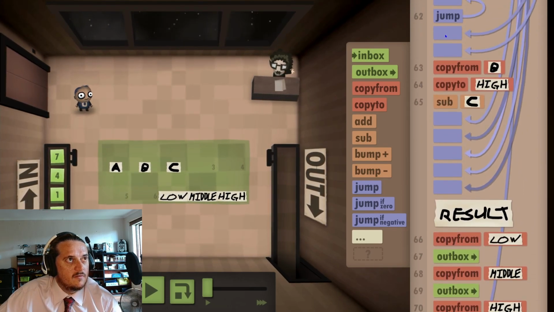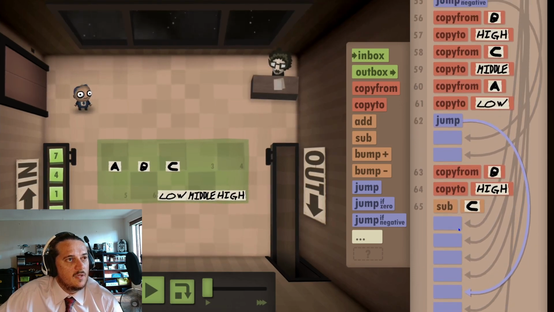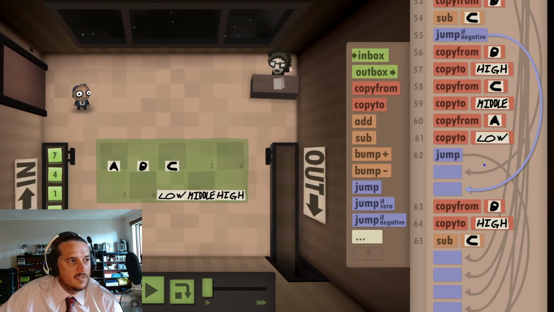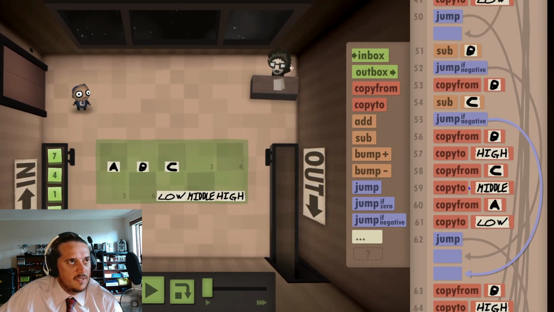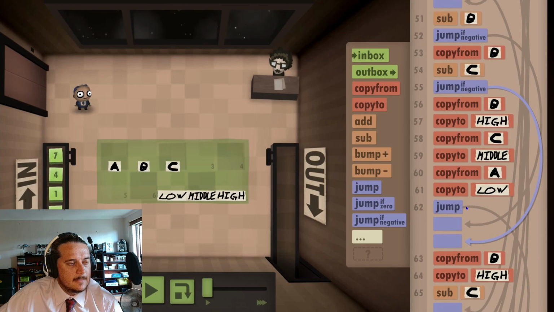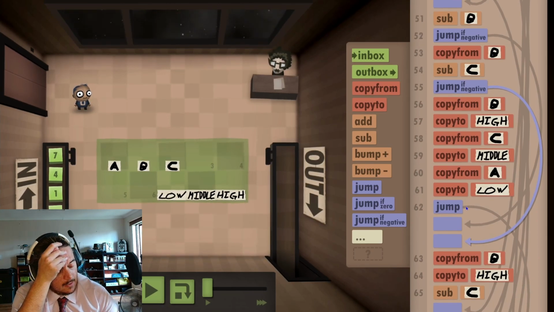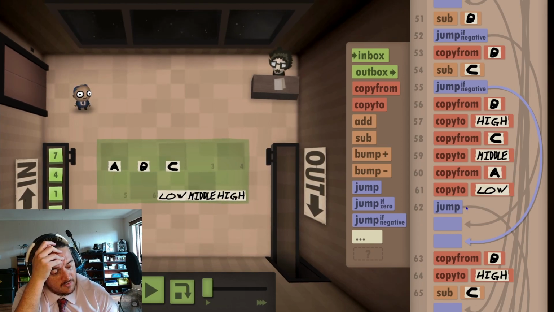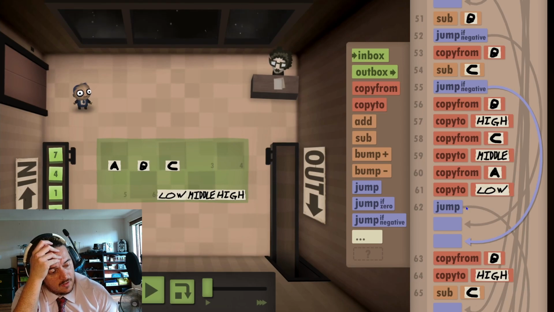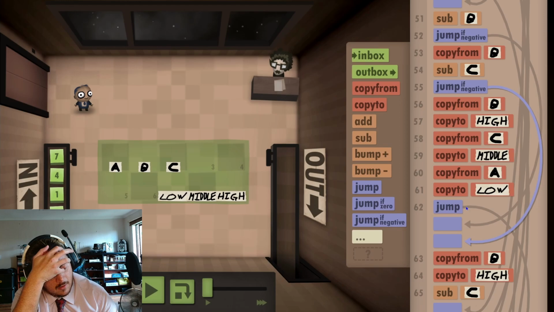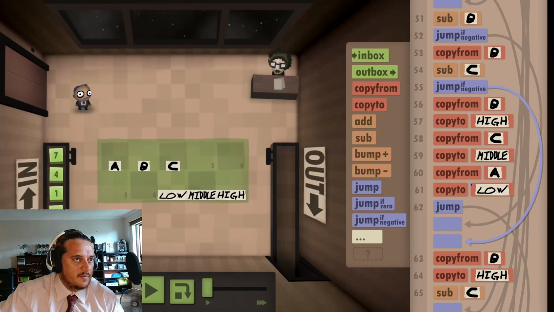If B minus C is negative, this is a really messy one, this one. B minus C is negative, then it will be C, B, A. Right? B minus C is negative, then C is higher than B. So then it should be CBA.